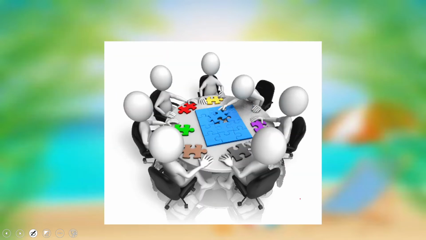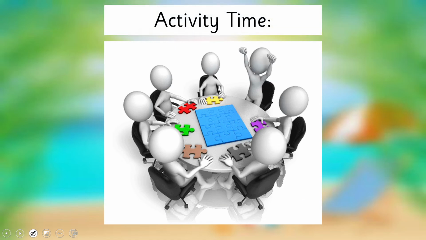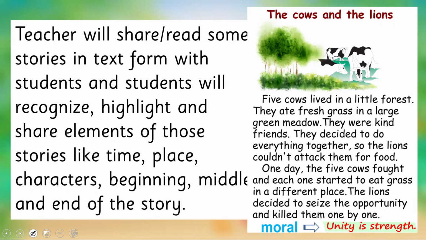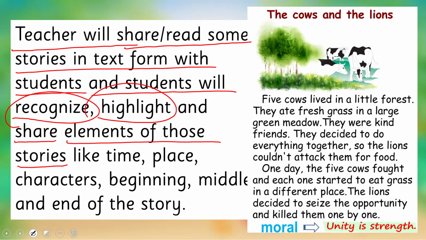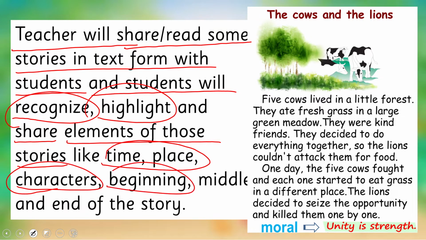For example, let's practice it through an activity. Look at this. I brought a sample story for you. So your teacher will share or read some stories in text form with students, and students will first recognize, highlight, and share the elements of those stories, like what was the time, place, characters, beginning, middle, and the end of the story.